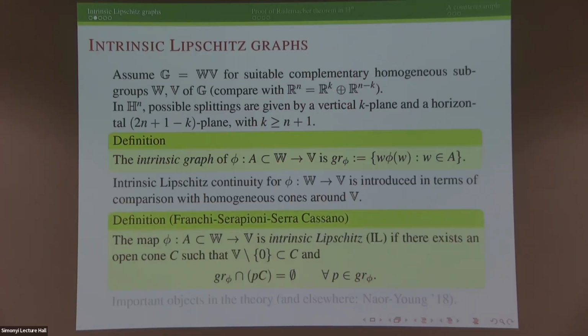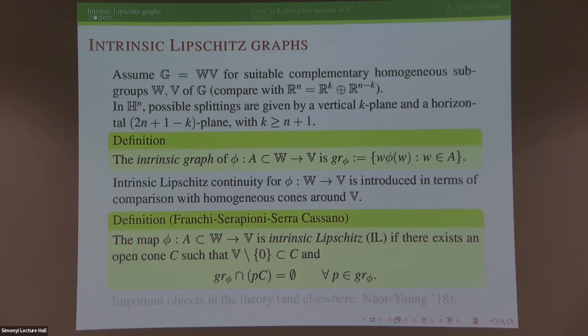And now, whenever you have these graphs, you can give a notion of Lipschitz continuity from an intrinsic viewpoint for such functions. This is given in terms of a comparison with homogeneous cones. The definition was stated for the first time about 15 years ago by Franchi, Serapioni, and Serra Cassano. So we say that a map phi from W, or a subset, to V is intrinsic Lipschitz if you can find an open cone, meaning an object which is invariant under dilation, which contains V minus the origin in its interior.